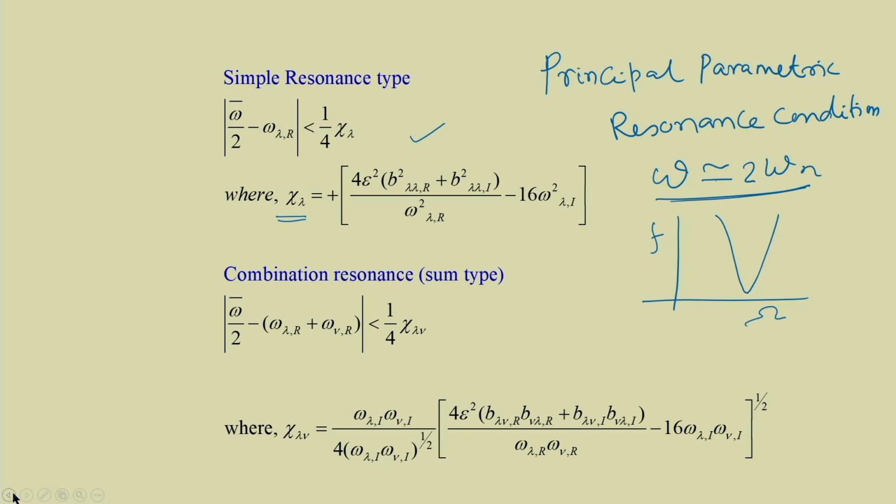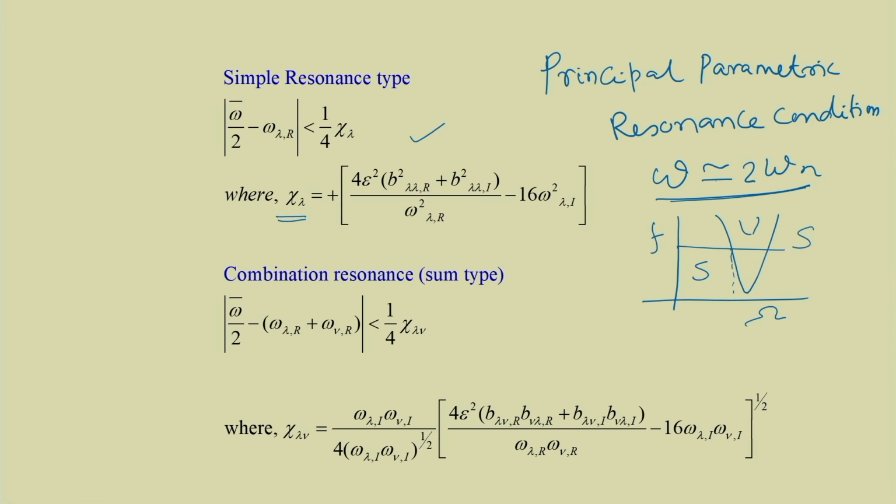After getting this B matrix, you can find this x lambda, and by using this expression one can plot the instability region or the transition curve. For a particular value of f, up to this point the system is stable, then it becomes unstable, and after that it is stable again.